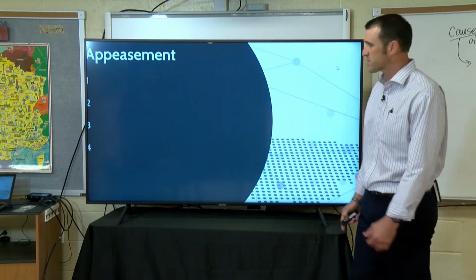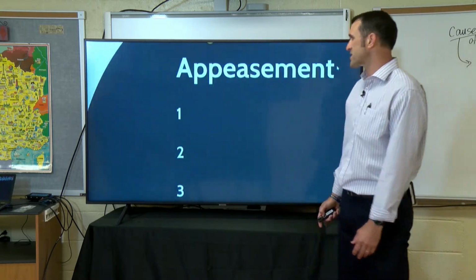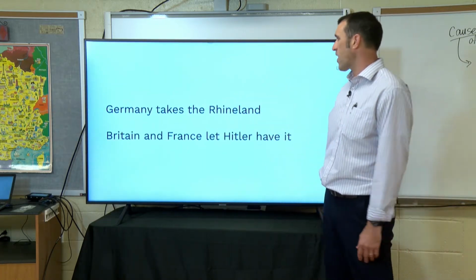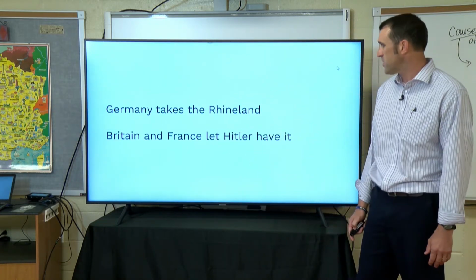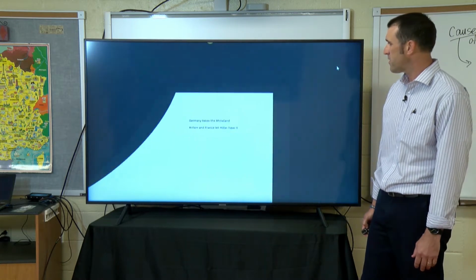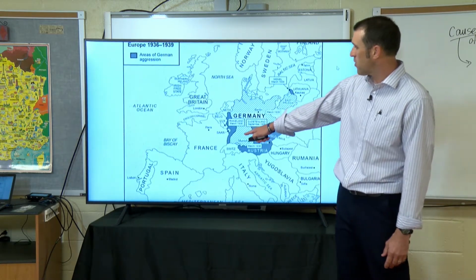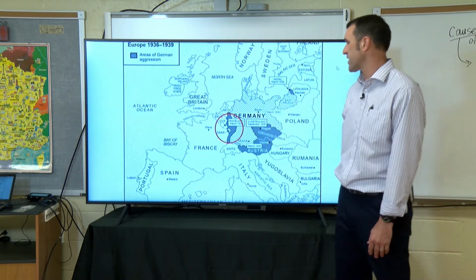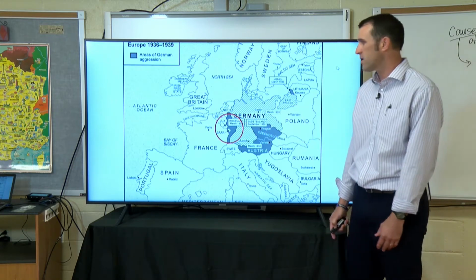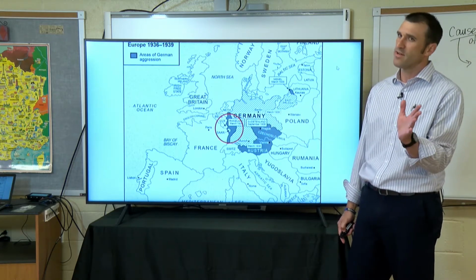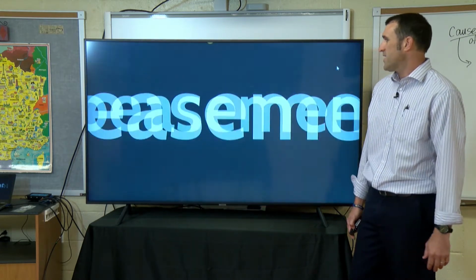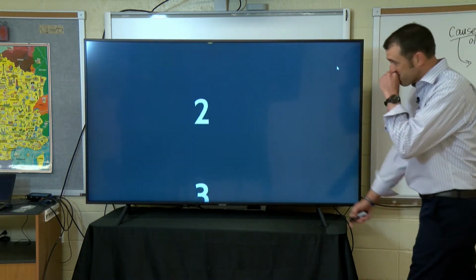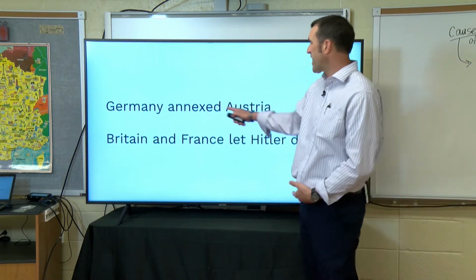Let's see what it looks like specifically in action. First example, Germany took the Rhineland. What did Britain and France do? They let Hitler have it. So here is that little Rhineland. Now Germany's beginning to expand. Okay, you can have that, but nothing else. Example 2. Germany annexed Austria.